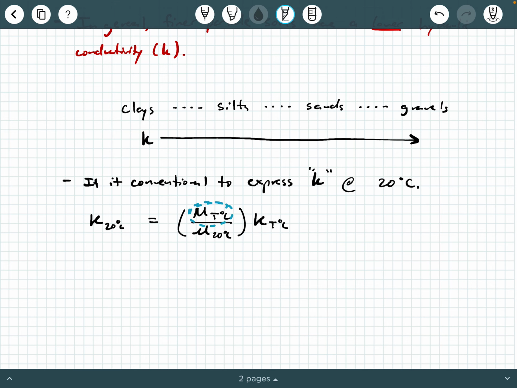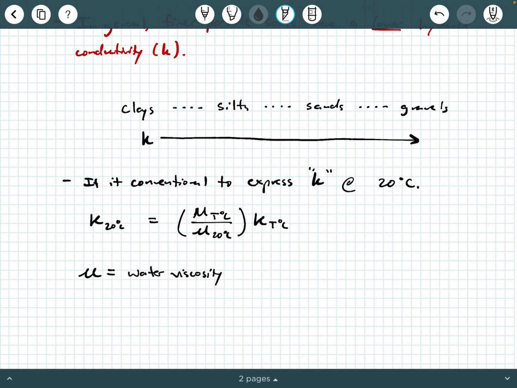The numerator is the viscosity of the water at the temperature that you're dealing with, and the denominator is the viscosity of the water at 20 degrees Celsius. So again, mu is water viscosity in general, and it's the water viscosity at T degrees or 20 degrees when you're looking at the denominator.